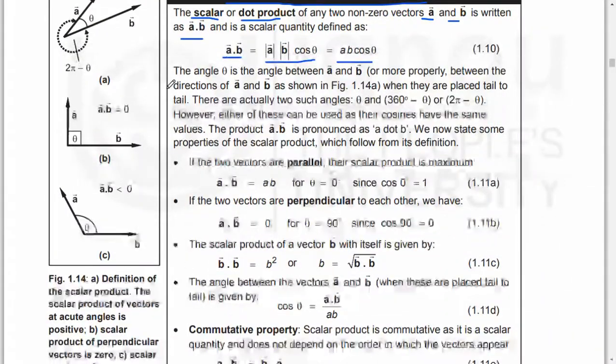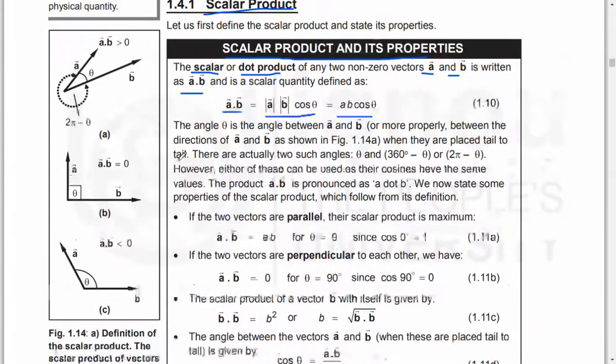The angle theta is the angle between A and B, or more properly between the directions of vector A and vector B, as shown in figure A.